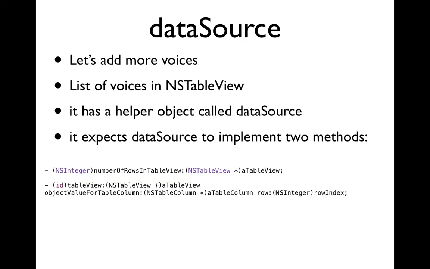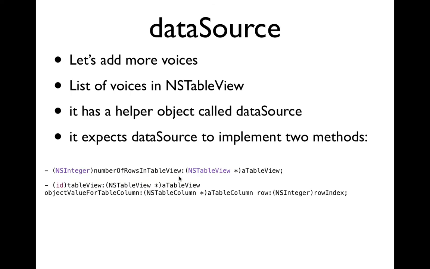But if I want to be your data source, I have to play by your rules. And the rules are, you have to implement two methods. Those two methods are used to populate the table view. One of the methods returns the number of rows in the table view.